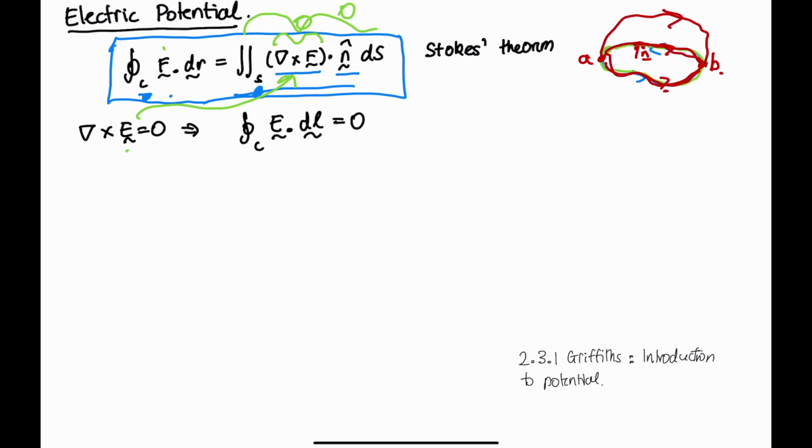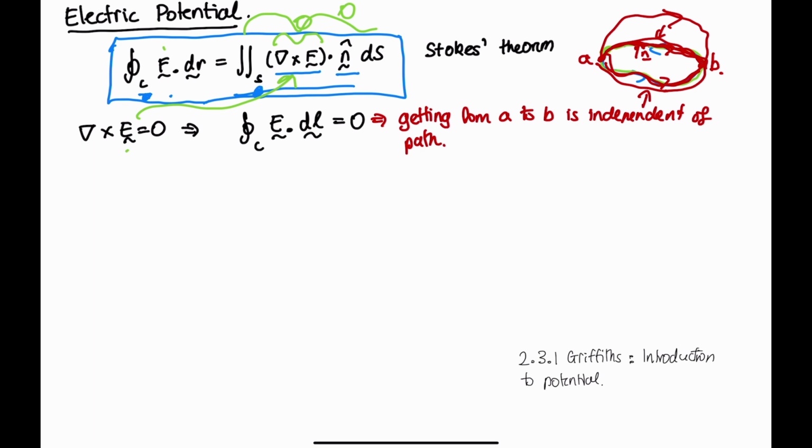So if we go this way and then back along the same path, that's 0. But we could also go this way and then back along this way, and that also has to be 0. So that means that this thing must have been the negative of that thing. So this implies that getting from A to B is independent of path.